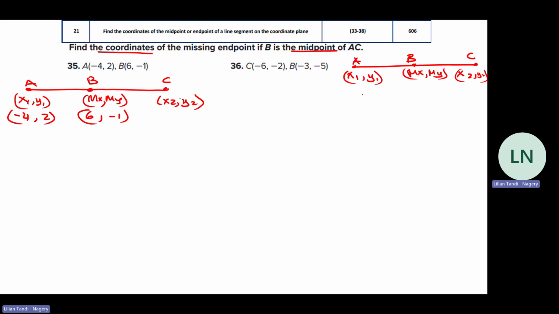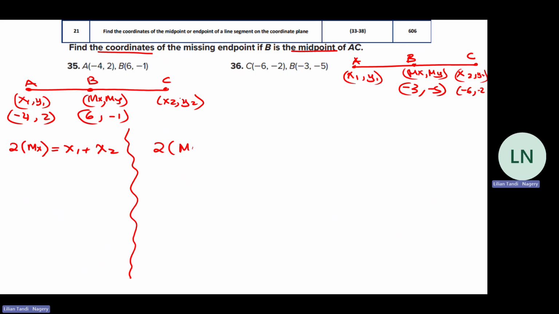I don't have C. I have B, -3, -5. I have C, -6, -2. Then I write my formula, 2 parentheses mx equals x1 plus x2, 2 parentheses my equals y1 plus y2.